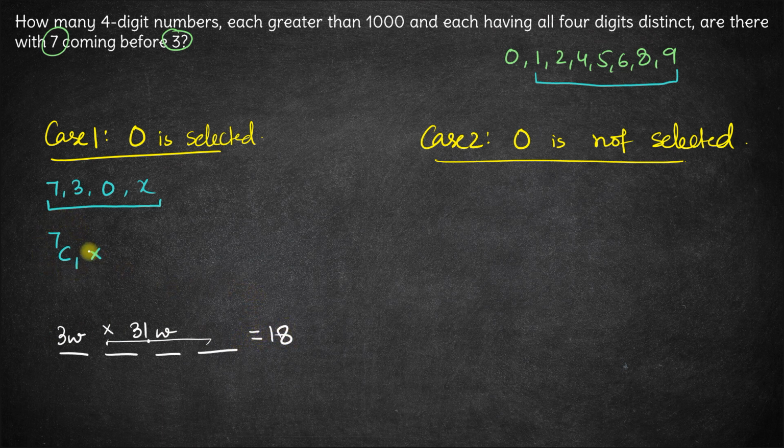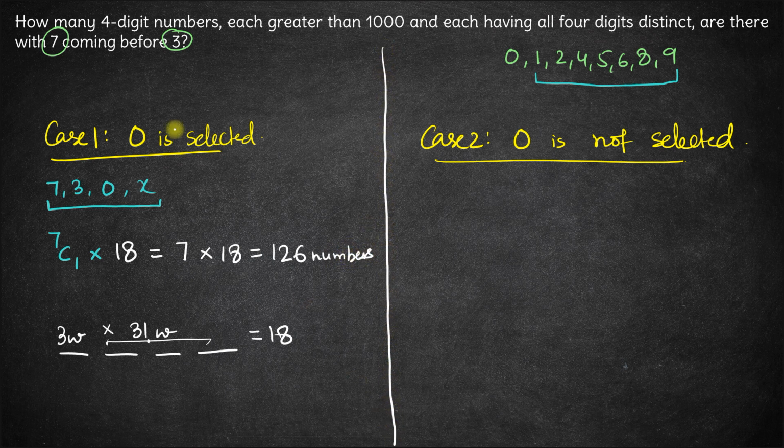So this is the number of ways of choosing the digit, and for each selection we have 18 ways of arranging the numbers. So the total number of numbers is 7C1, which is 7 into 18, is 126 numbers. Although we have got 126 numbers, we have not yet satisfied the 7-before-3 condition.